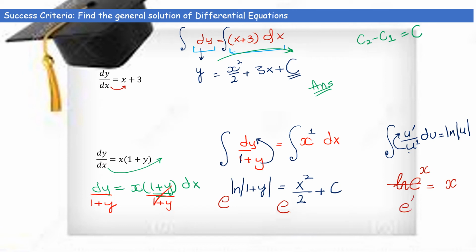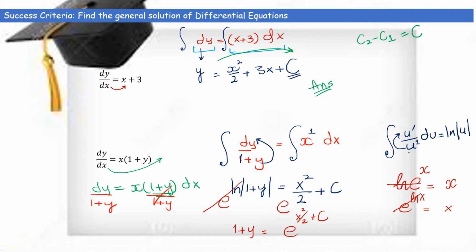Similarly, e to the power of ln x is written. e and ln are inverses of each other, cancelled out, and the answer is x. So why did we do this? We wanted to cancel e and ln. Now we get 1 plus y equals e to the power x square over 2 plus c.